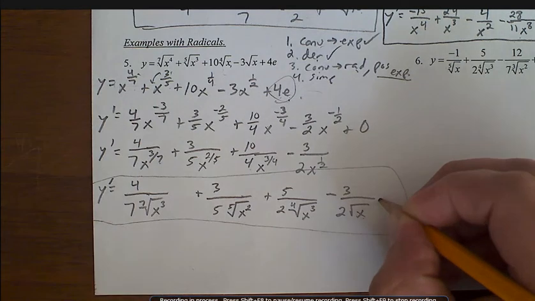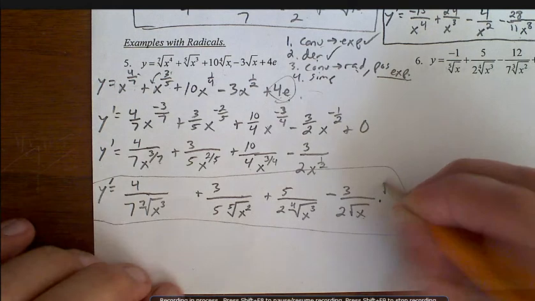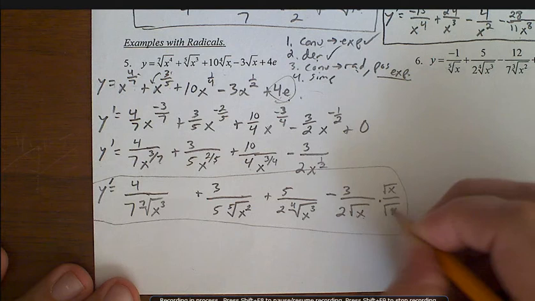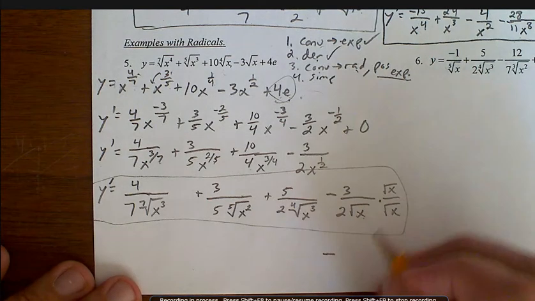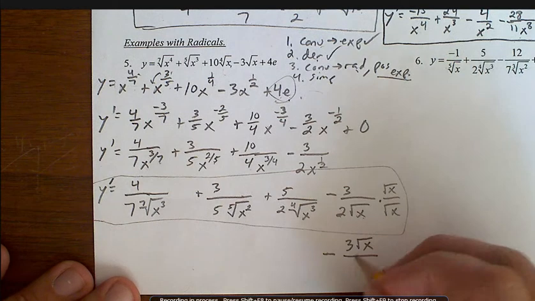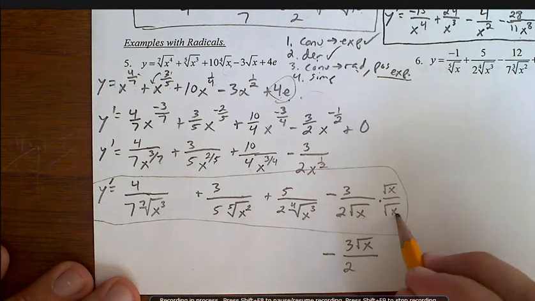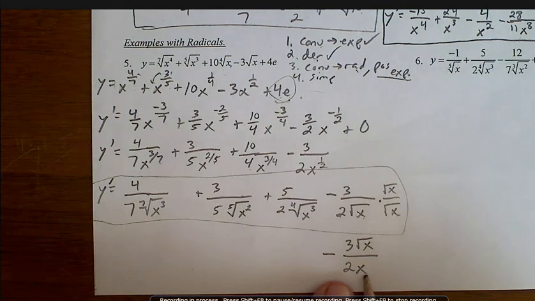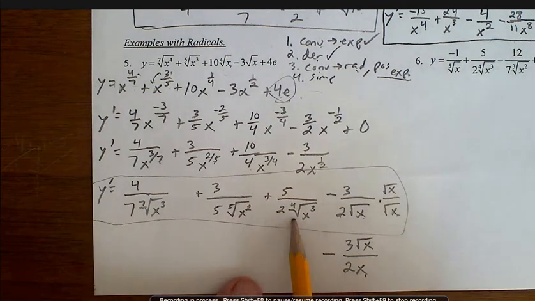Now for the second one, in order to do this, I need to have a matching index. So I'm going to multiply both top and bottom by the 4th root, and in order to get rid of the radical, I need the exponent to match the index, because the 4th root of something to the 4th is just the inside.